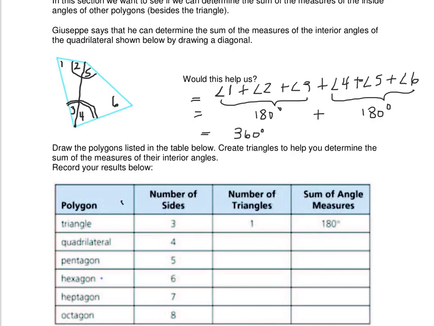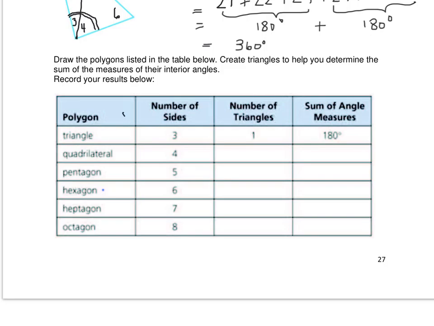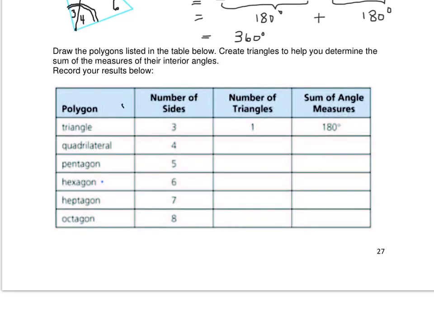So that gives us a method then to figure out some of the angles of larger polygons, because we can figure out how many triangles can be drawn if you connect the diagonals from one vertex to the non-consecutive vertices in the polygon. So the triangle we know is 180. We look at the chart below here now.